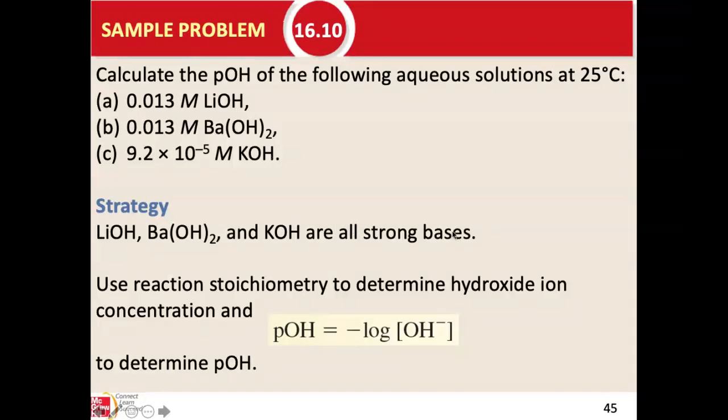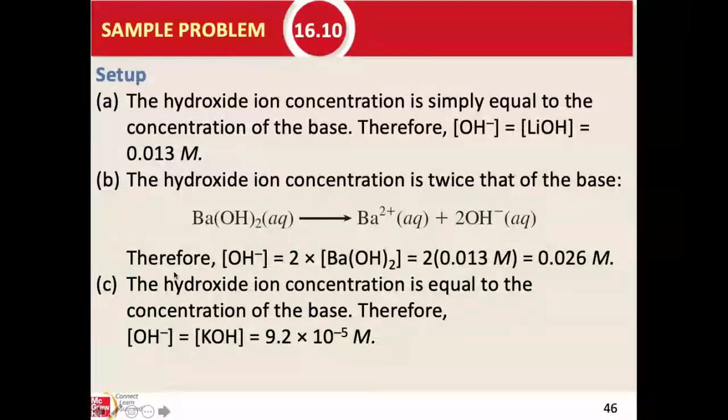If they're all strong bases, we can find the concentration of OH minus from the concentration of that hydroxide. Once we find the concentration of OH minus, we can find pOH, and then we will find the pH. So the hydroxide ion concentration really equals the concentration of the base.